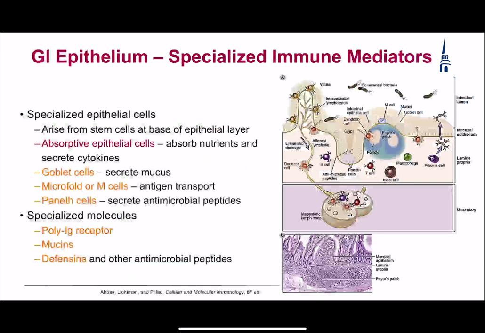And then you have Paneth cells, and typically these are located at the very bottom of this villus crypt, and those are cells that secrete a lot of these antimicrobial peptides that then exist in the environment and help protect against invading cells. All right? Specialized molecules are the poly-Ig receptor, the mucins, and the defensins.